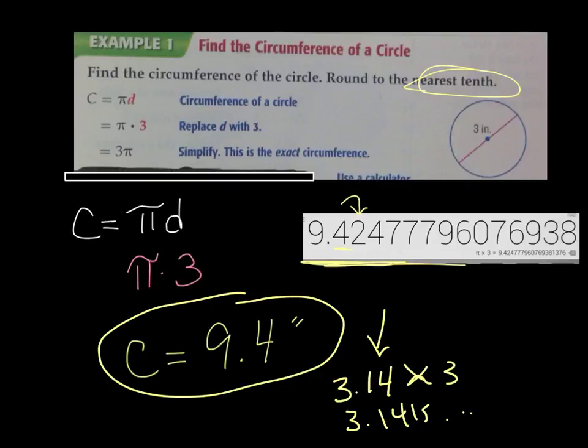So you're actually multiplying by a slightly larger number because you're actually being a little more accurate. So just keep in mind, if you're 1/10 off when it asks you to round to the nearest tenth, that's because they used 3.14 to find the answer, and you used the pi key.